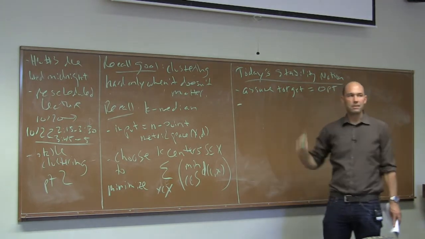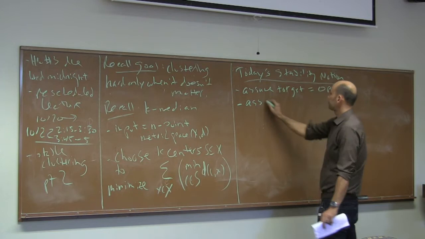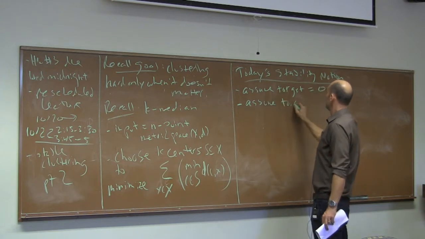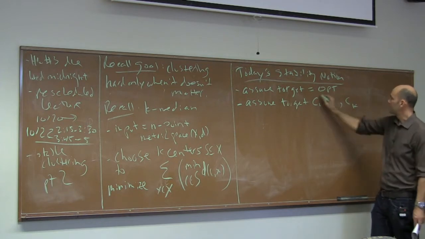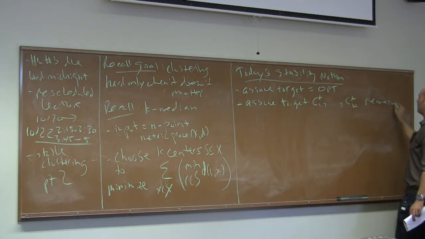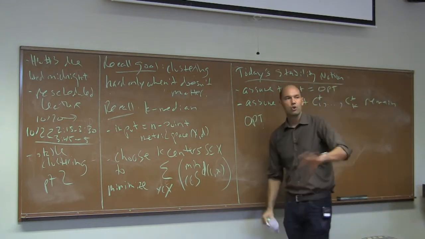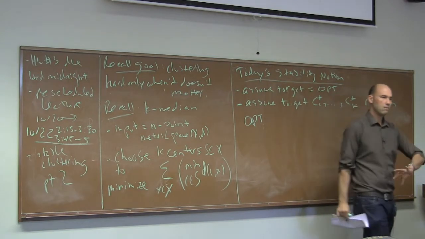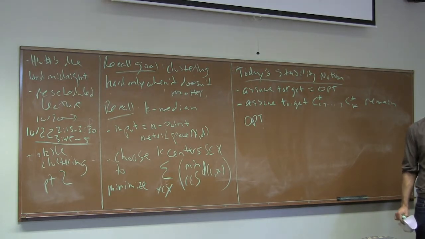And actually, we're going to assume something much stronger than that. We're going to assume that the target clustering, and call its clusters C star 1 up to C star k, remain optimal under many different perturbations of the input. Okay, and remember the input is really this distance function d. So not only is it optimal for the distance function d, but also for many other nearby distance functions.